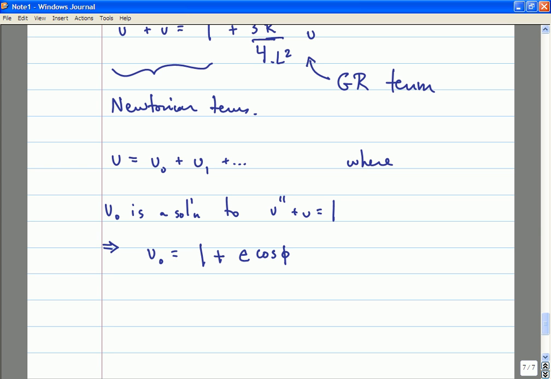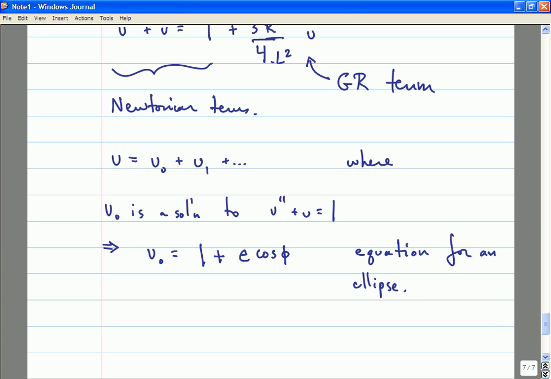And if you go through the whole rigmarole of remembering that u is equal to 1 over r, this is the equation for an ellipse. So this is the equation for the elliptical orbit of Newtonian gravity.